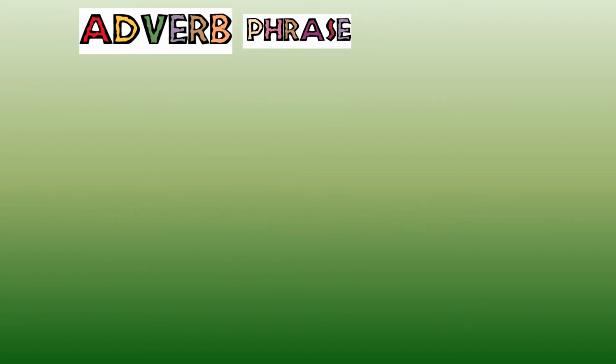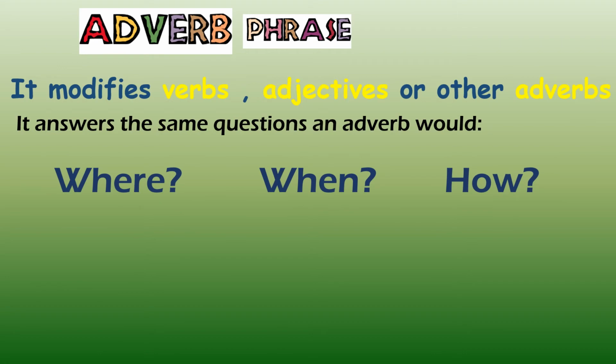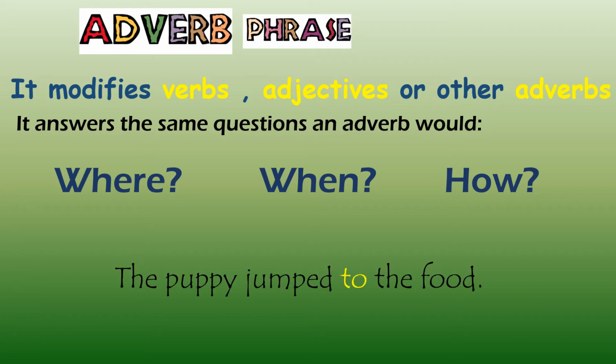Now we come to the adverb prepositional phrase, or adverb phrase. An adverb phrase modifies verbs, adjectives, or other adverbs. It answers the same questions an adverb would. It tells where the action happens, when the action happens, or how an action happens. Example, the puppy jumped to the food. Can you tell me where the prepositional phrase is in this sentence?